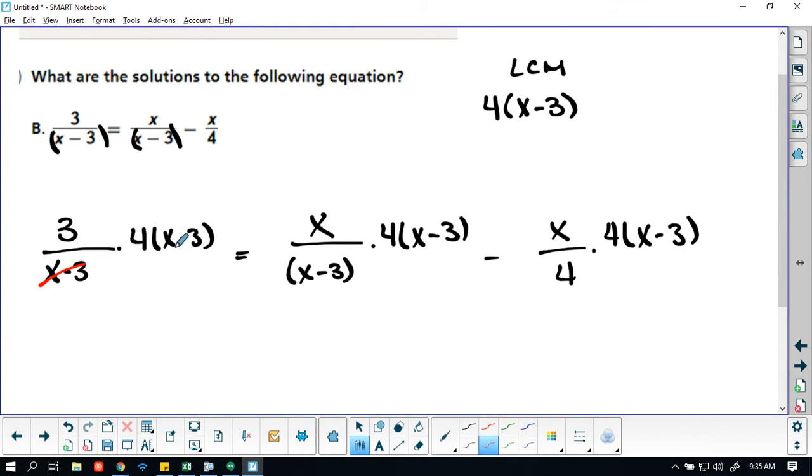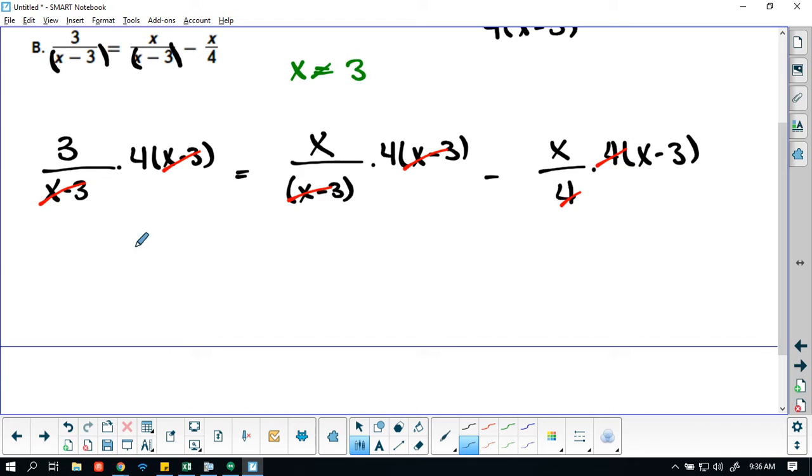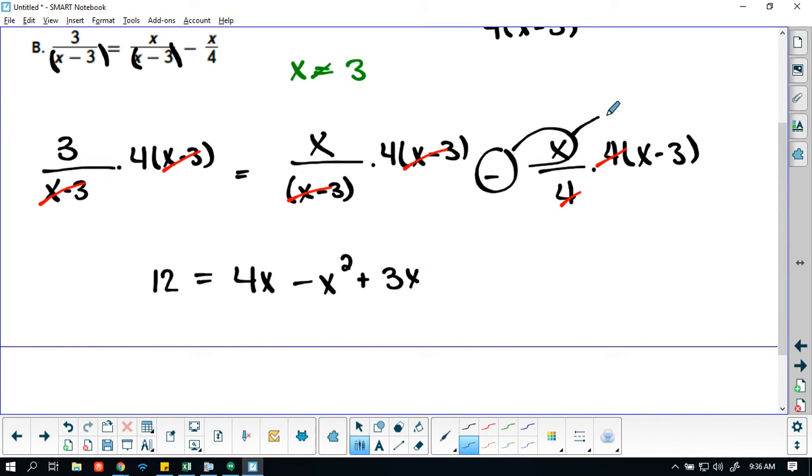All right, eliminate anything that is just causing issues. And before I go on, I'm going to say that x cannot equal 3. So we cannot have a solution of 3 when this is all said and done. 3 times 4 is going to be 12. 12 is going to equal 4 times x, which is 4x, minus x squared plus 3x, because remember, this minus belongs to this x, and when I distribute that, this sign changes.